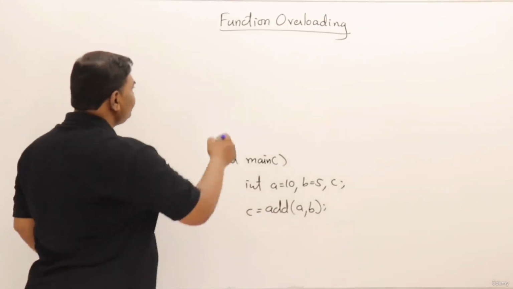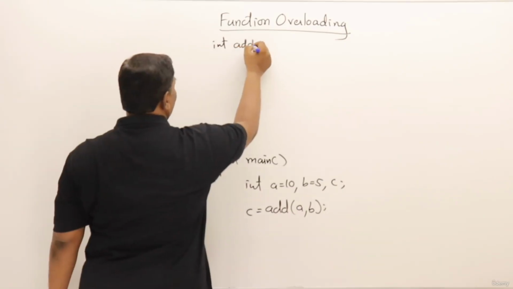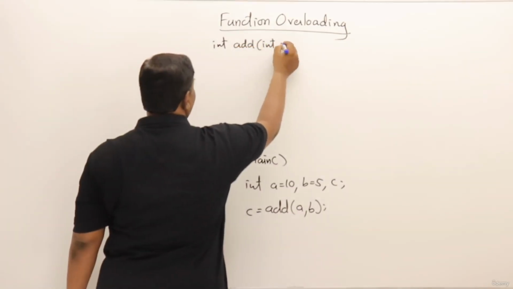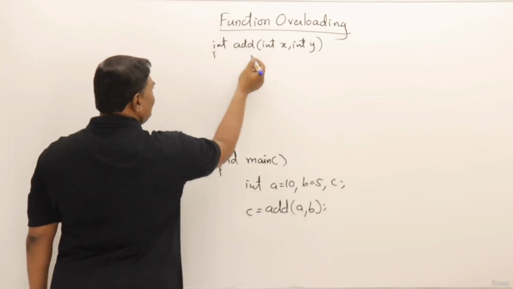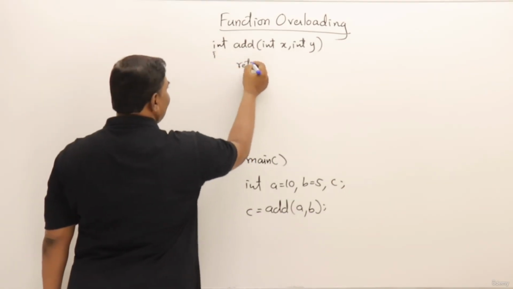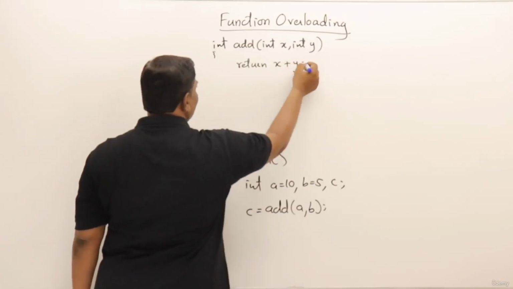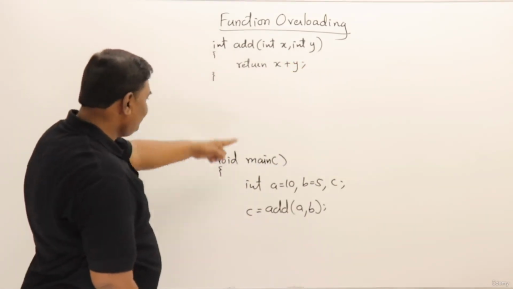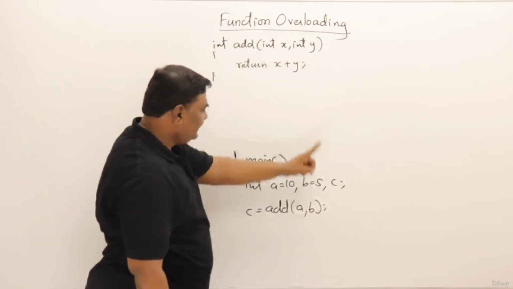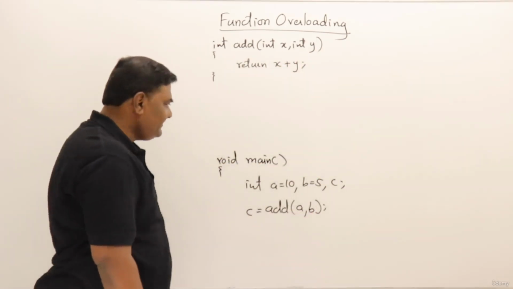So I will write this function: integer add, which takes integer x and integer y. Now here I don't have to declare any variable, simply I will write return x plus y. That's it, a simple function. So when I call add, a will be copied in x and b will be copied in y, and it will add these two and return the result that comes in c.